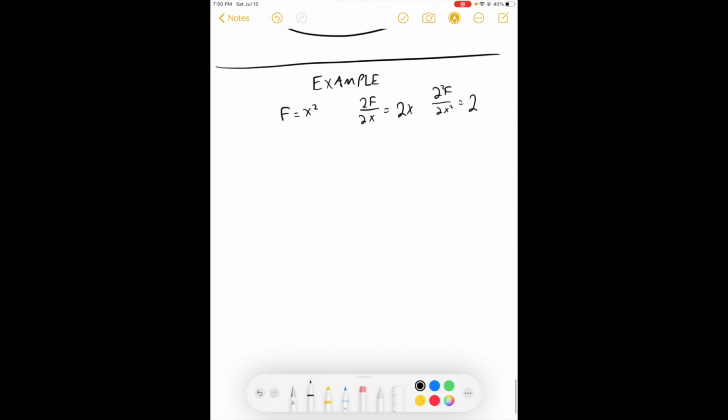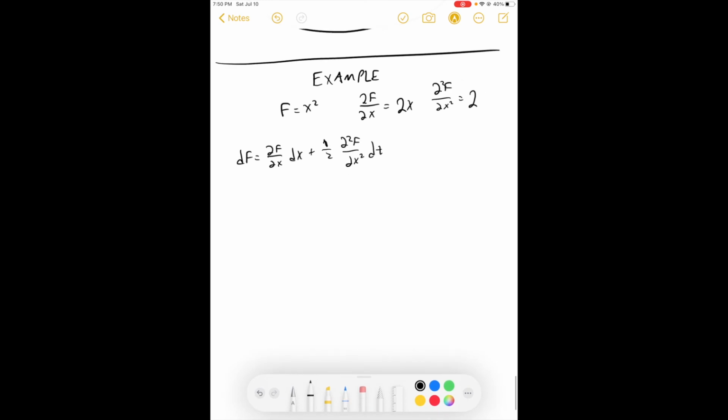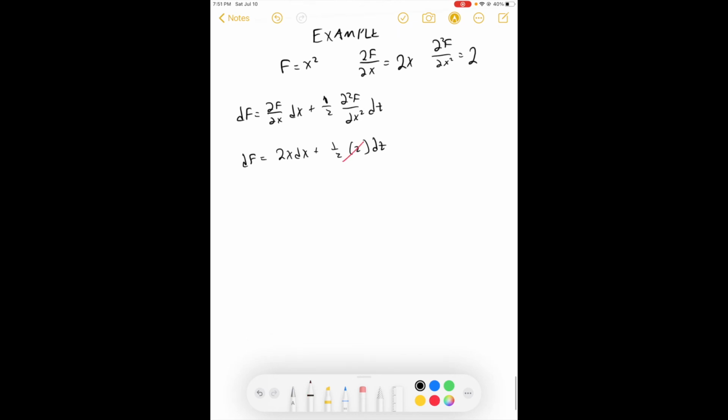So using Ito's lemma, which says that df is equal to the first derivative with respect to x, dx, plus 1/2 the second derivative with respect to x, dt, we can start plugging things in here. We'll have df is equal to 2x dx plus 1/2 times 2 dt. These two things will cancel away.